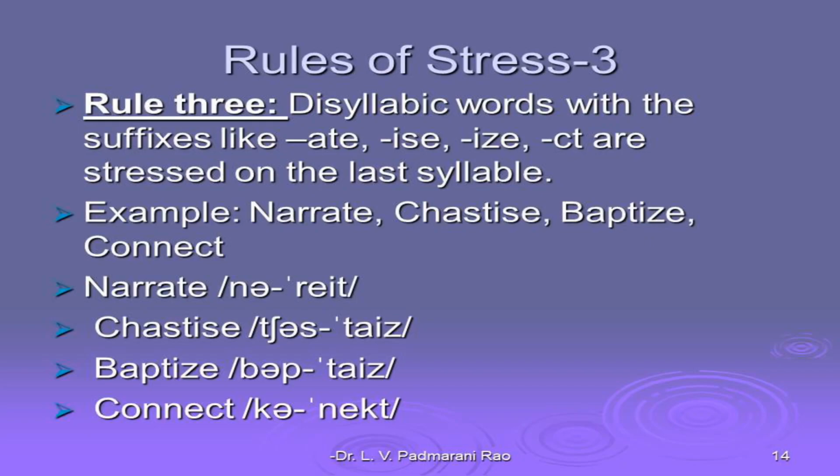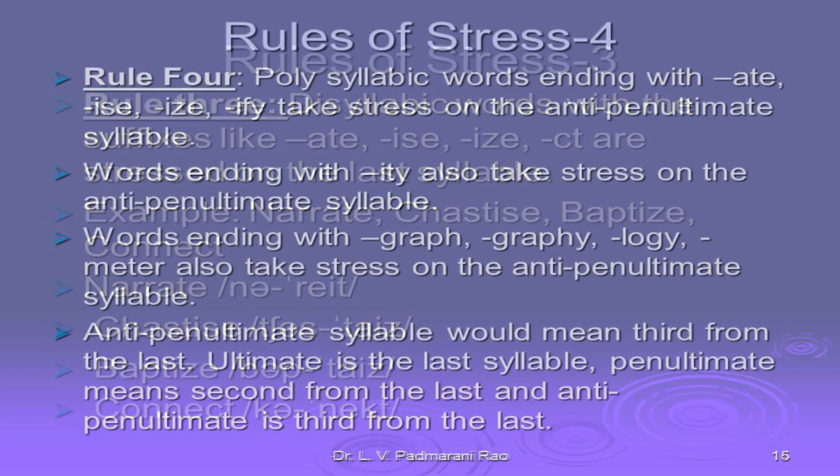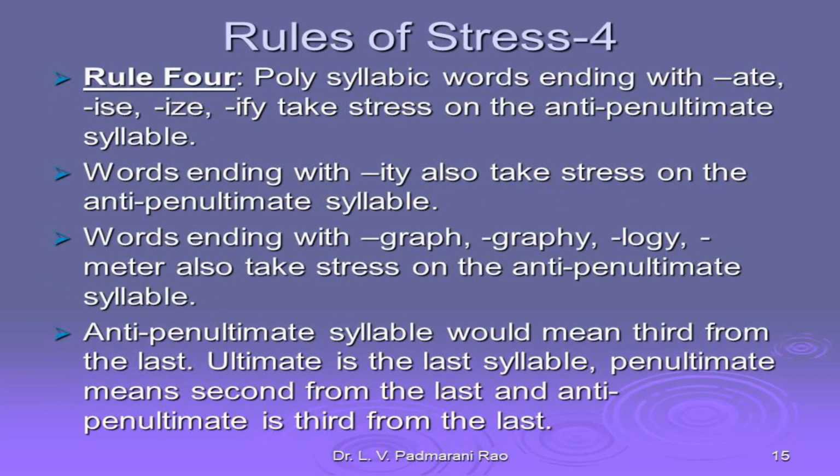Collect more number of words and try the pronunciation of these words. The fourth rule of stress is a combination of three rules. Number one, polysyllabic words that are ending with ate, ise, ize, and ify. The polysyllabic words which are ending with these suffixes will take the stress on the antepenultimate syllable is the rule.